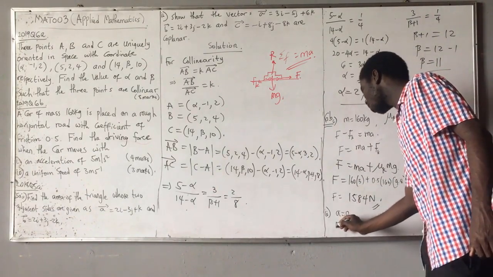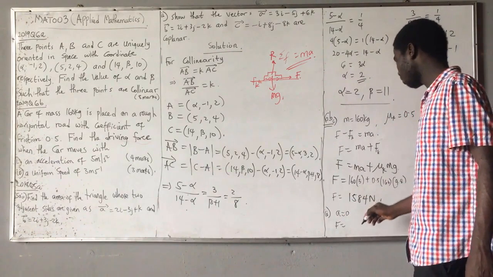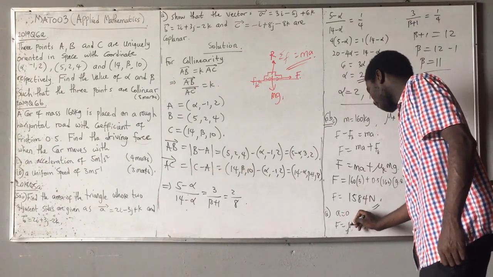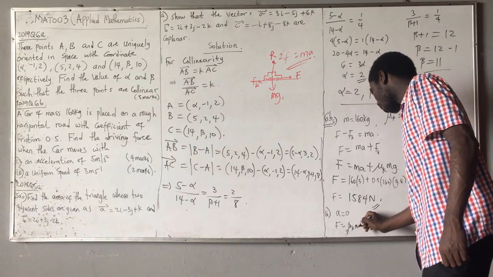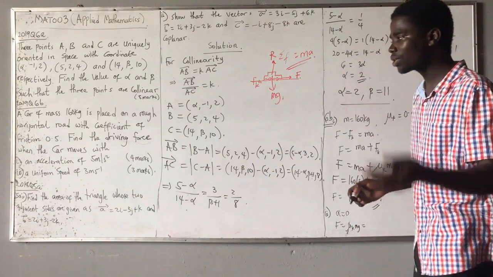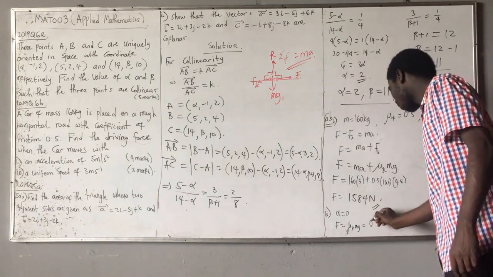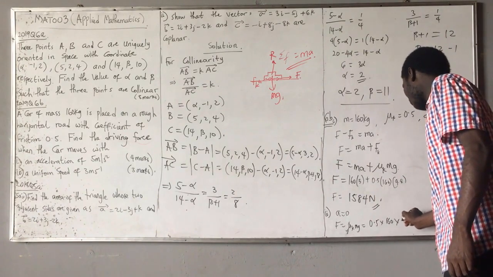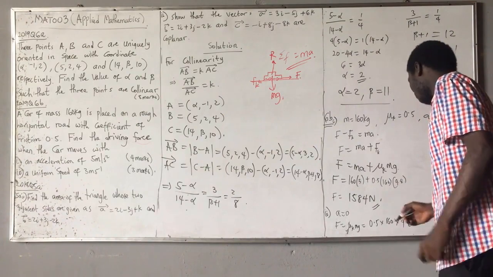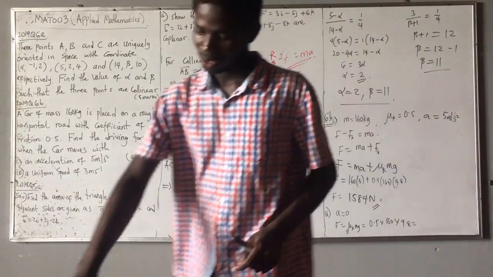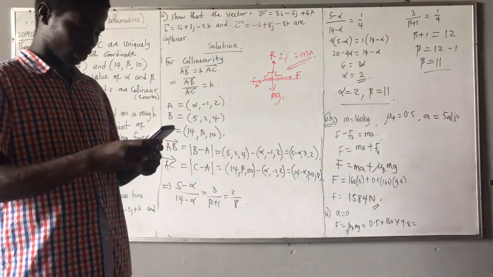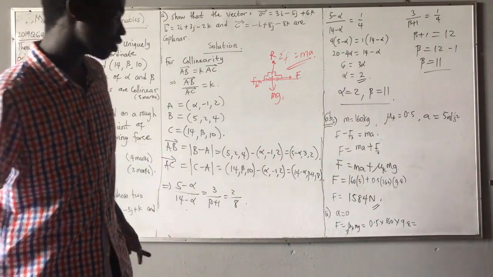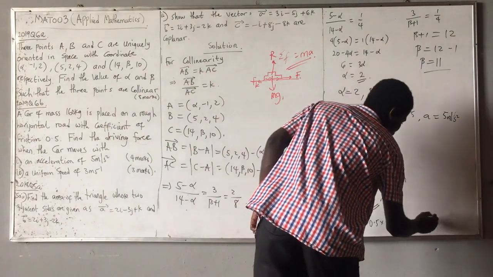So that means F will just be exactly Fk, which is mu k mg. What is mu k? Mu is 0.5 multiplied by 160 multiplied by 9.8, which is 784 Newton.